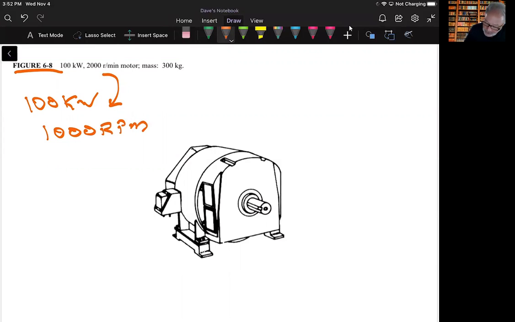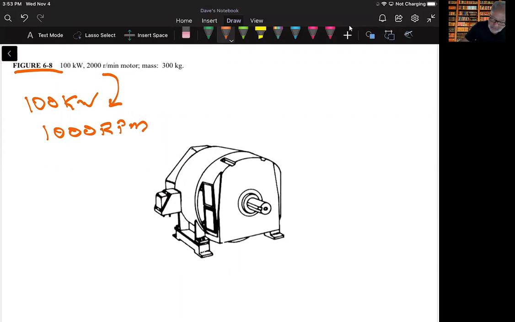To generate this same voltage at half the speed, we would either have to double the number of conductors or double the flux from the poles. Consequently, we would have to increase the size of the armature or increase the size of the poles. In practice, both are done, not one or the other.